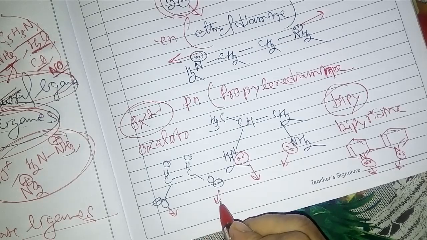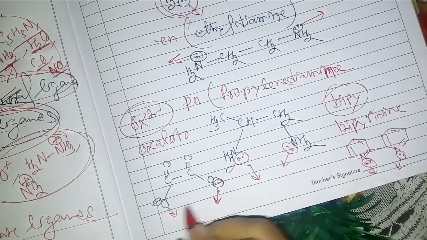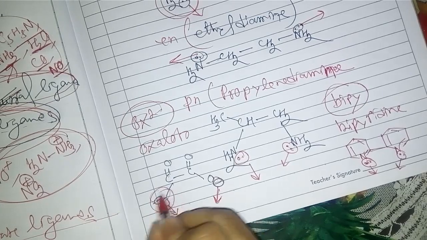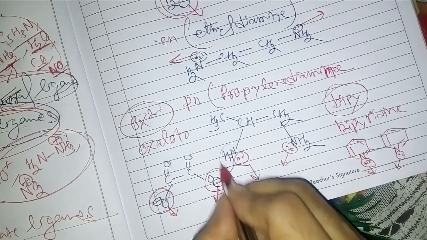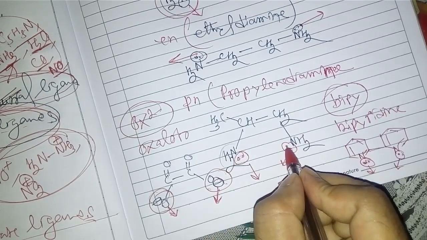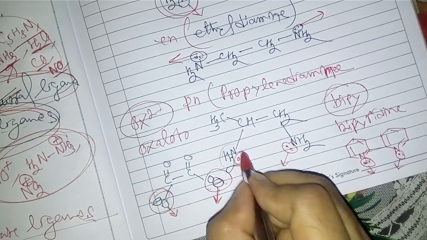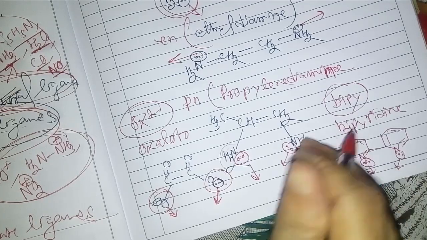Two donor sites: one donor site and another. This is an acidic donor because of the negative sign. And here is a neutral donor because there is no sign, only a lone pair. Two lone pairs, one lone pair here and one lone pair here.